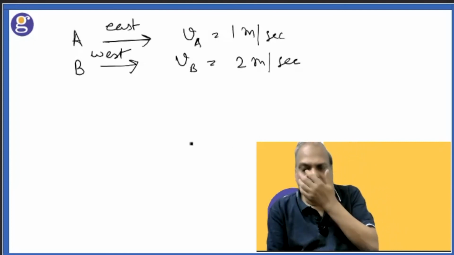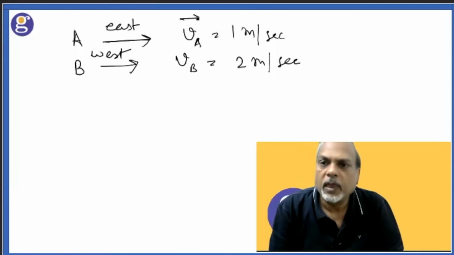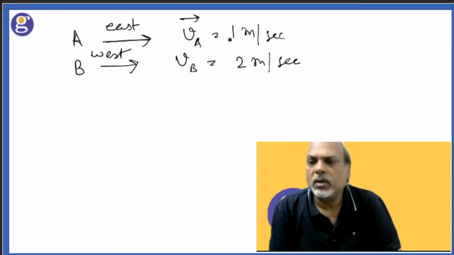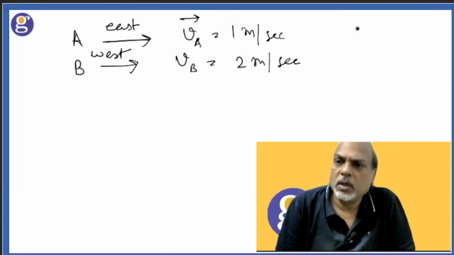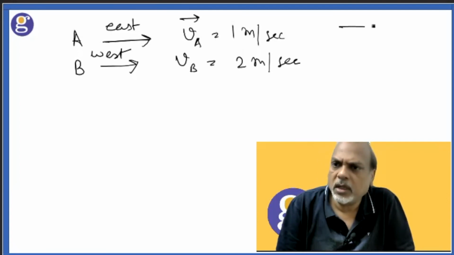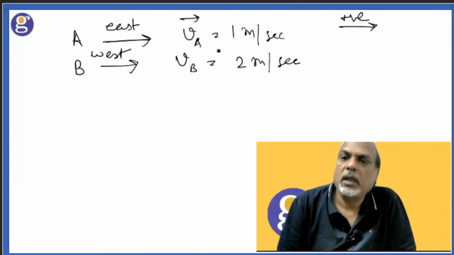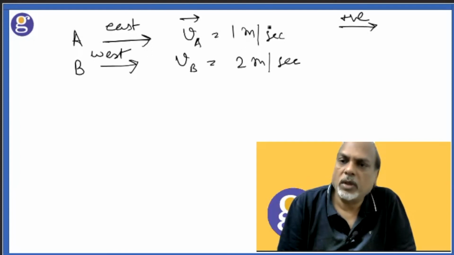Now, vectorially, we have to denote the direction also. Suppose east direction we consider as positive, then of course this will be positive, but this will be your negative speed.